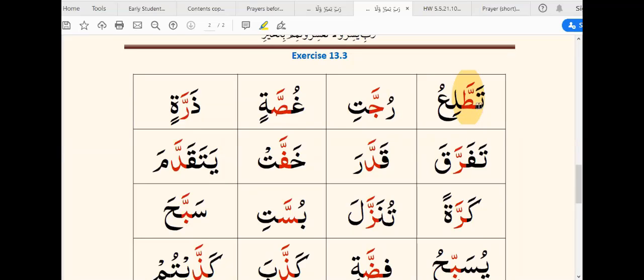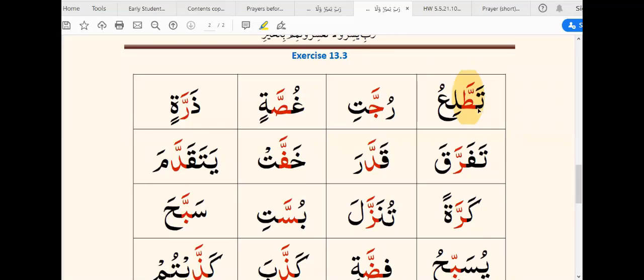First, for the first sound, we're going to join letter Ta that has a fatha with letter Ta that has a shadda on top of it. Tat. Well done. And for the next part, as we can see, that letter Ta has a fatha on top of it as well. So Ta is going to be our next sound.